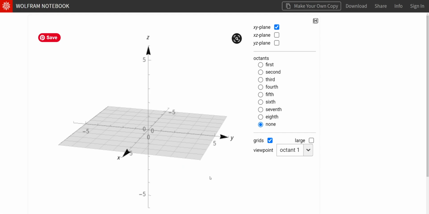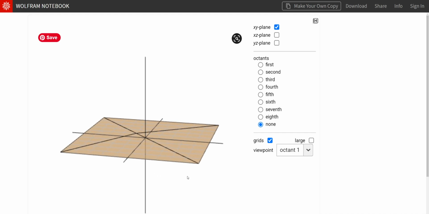Any x values are allowed, any y values are allowed. Those are all wildcards. X can be anything, y can be anything, but z must be 0. So if we say, collect all the points in 3 space whose x coordinate is whatever, y coordinate is whatever, but z coordinate is 0, what we'll get is the xy plane.